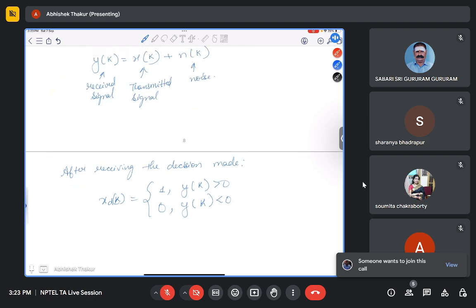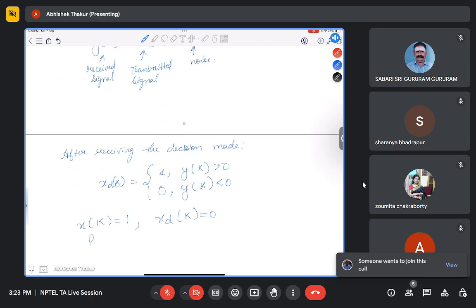Now let's suppose xk is equal to 1 and xdk is equal to 0. This means we transmitted 1 and received 0. Therefore an error occurred.